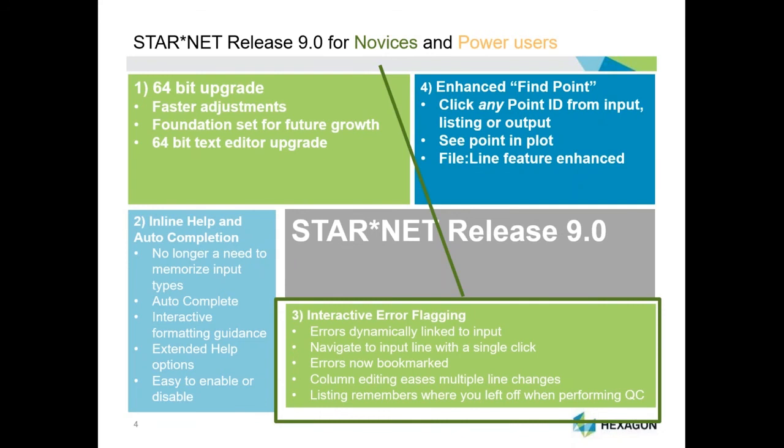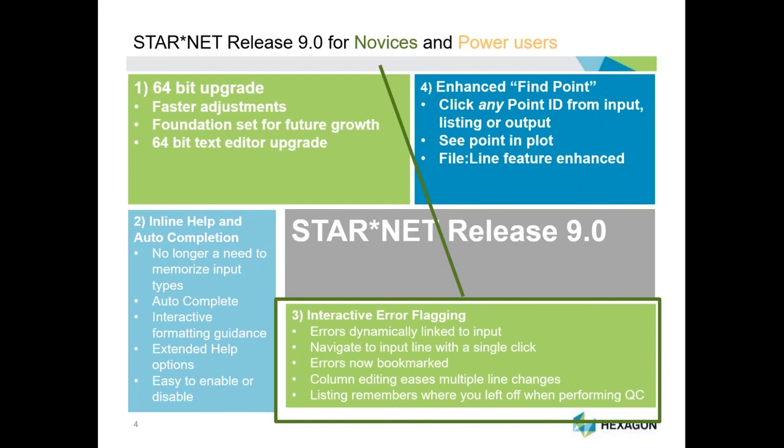Novices are also going to find that interactive error flagging makes it easier to learn the program and to sort out issues as they're working. In the past, whenever you had errors, there was a very easy to read panel that showed you what the errors were, and then sometimes you had to do a little bit of a search if you had a larger network, for example, to find the source of the error, and then you could easily correct it.